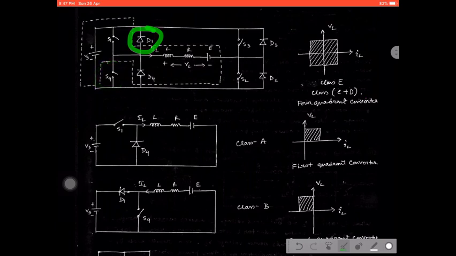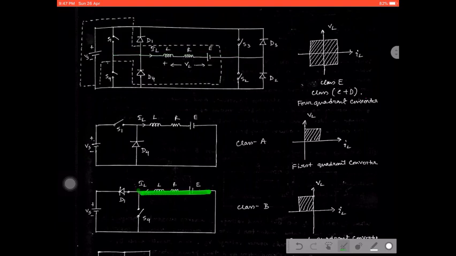That means S4 is connected to the negative terminal of the supply, right, and D1 is connected directly to the positive terminal of the supply source, right. And on the other hand, the S4 junction and D4 junction, these two are connected directly to the load.